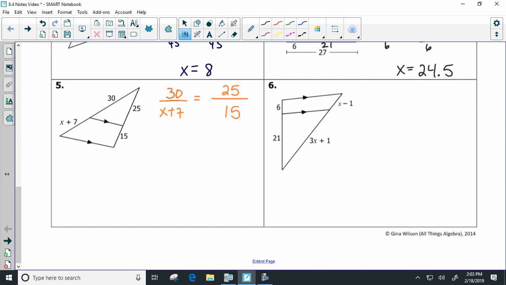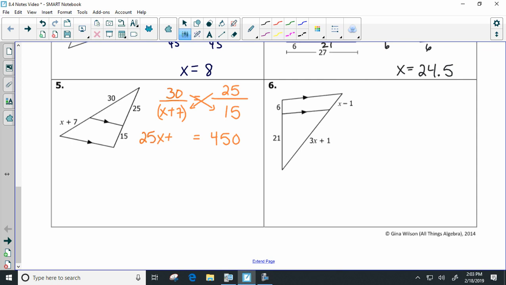All right. So 30 times 15 is 450. And when I do 25 times x plus 7, I have to make sure that I distribute this. So 25 times x is 25x.